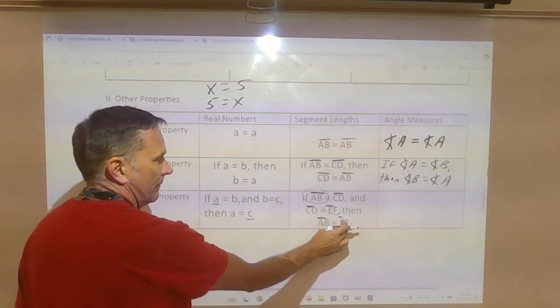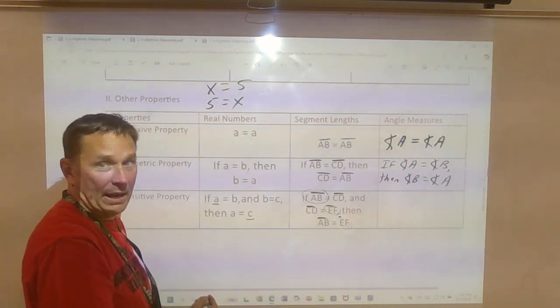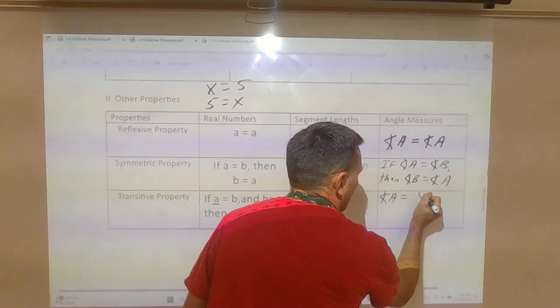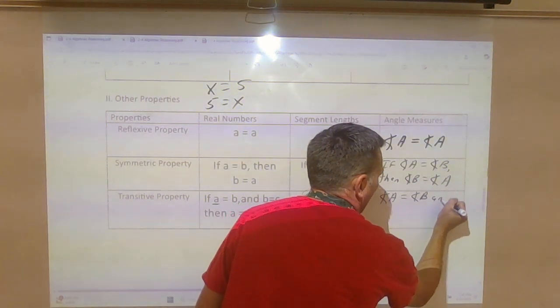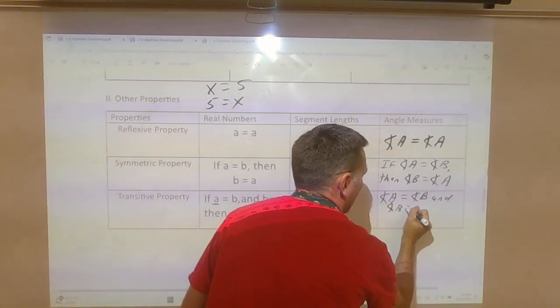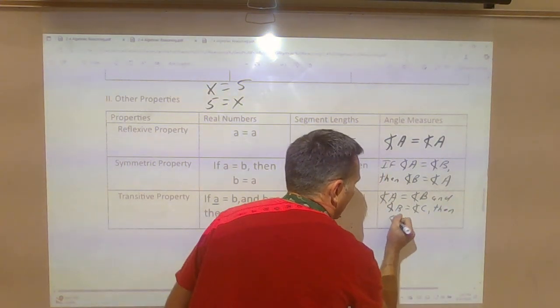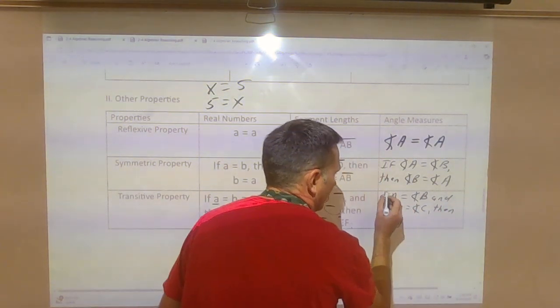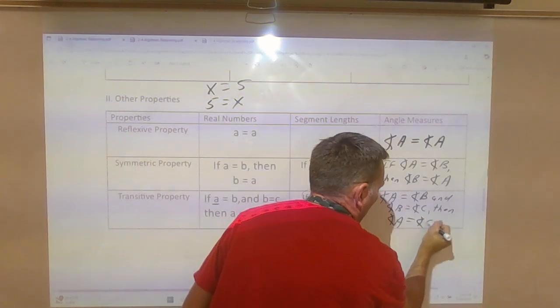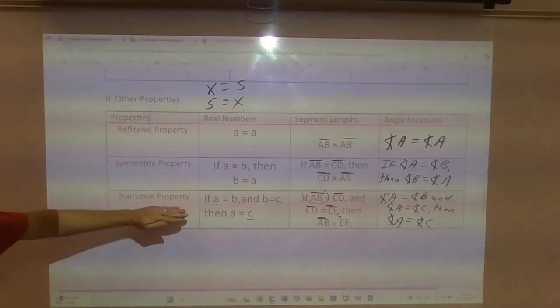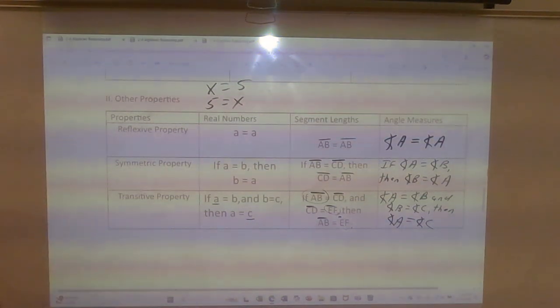Went from here to here, and we can rewrite it like that. Angles work the same way. If angle A equals angle B, and angle B equals angle C, then angle A, which is the first one, will equal angle C. And there's a lot of transitive property problems that we can see throughout the chapter.